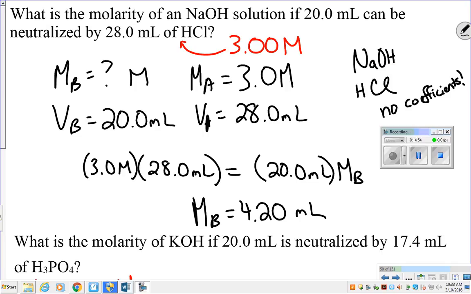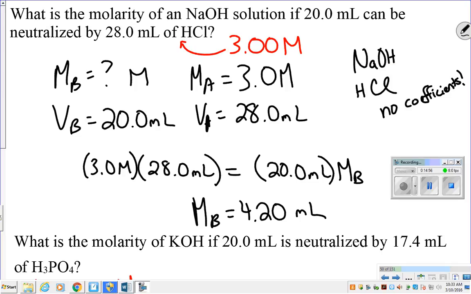So you can go ahead and check your answers. On the first problem, we don't need to account for any coefficients. There's just one hydroxide in NaOH and one hydrogen in hydrochloric acid. When we plug in all of our numbers, we get a molarity for our base of 4.20.